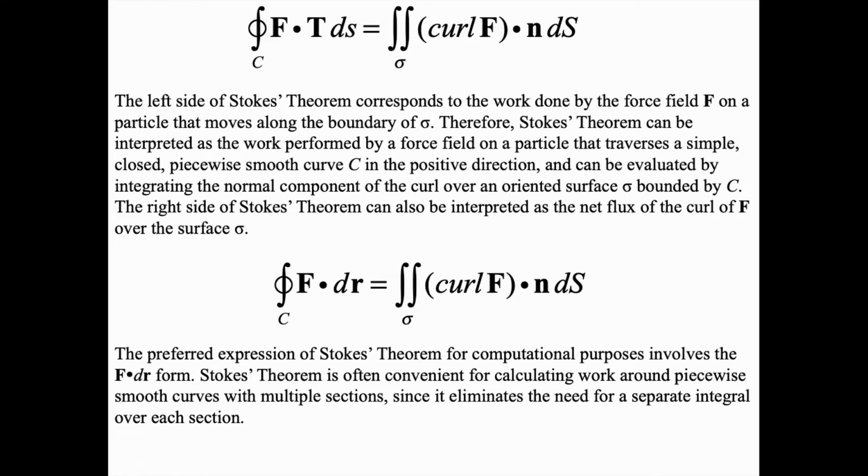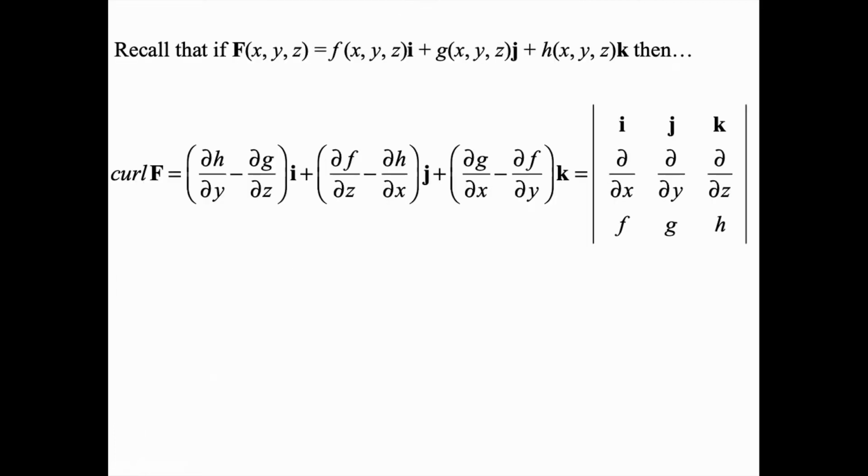And we're now going to see with some examples how one particular perspective might be easier than the other. Now before we do, let's just take a little refresher course as to how to evaluate curl of F, because now we're dealing with vector fields that have potentially non-zero components, little f i, little g j, little h k.